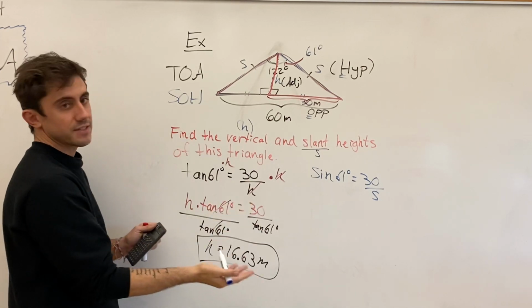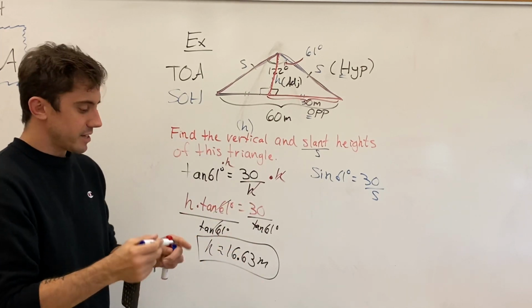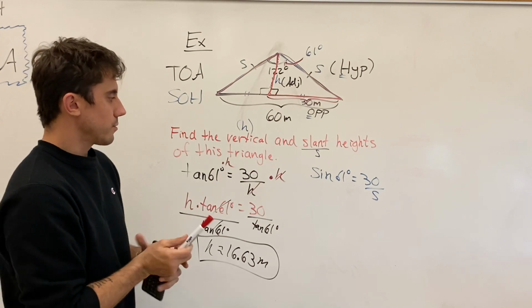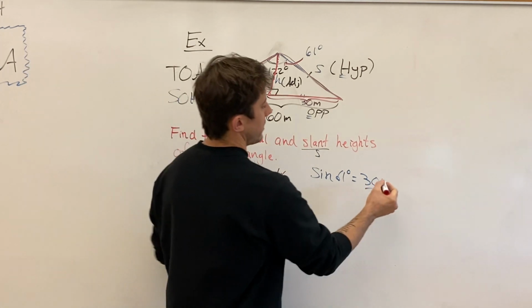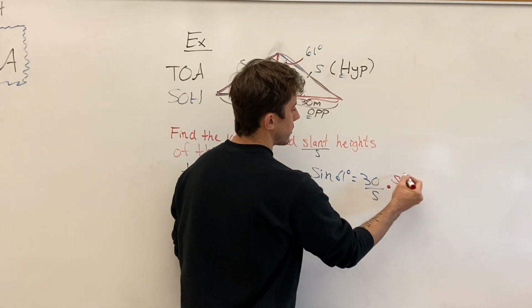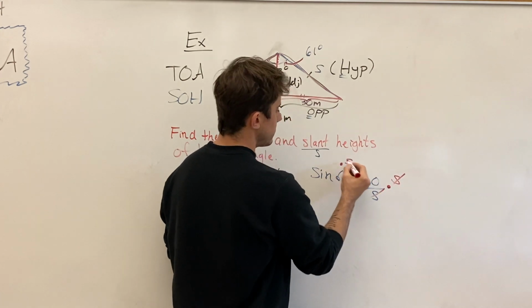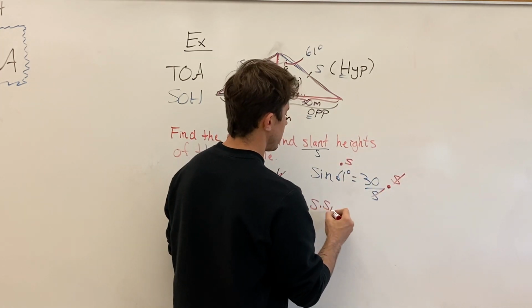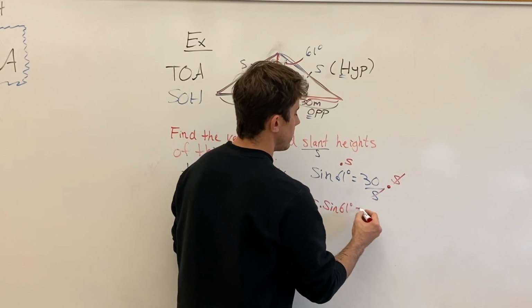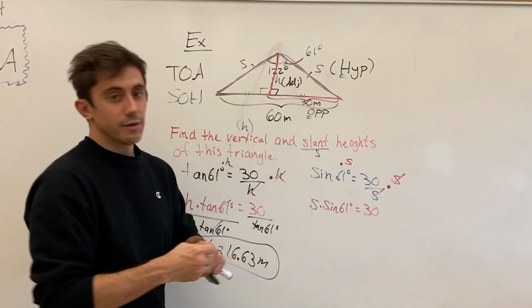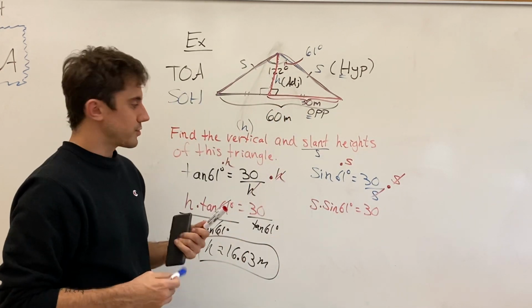And now this is a very similar equation. The algebra is going to be identical. So we're going to multiply both sides by S to get our unknown outside the denominator. So S times sine of 61 is equal to 30. Again, you can go ahead and evaluate sine of 61, but it is an irrational value.